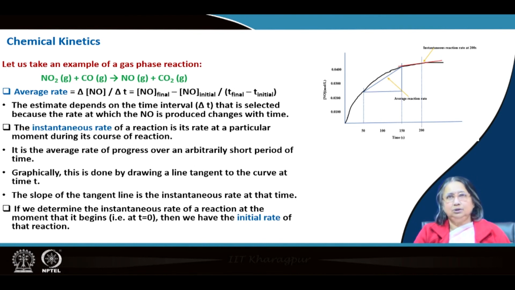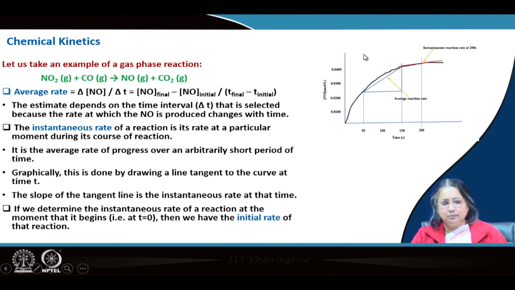So, the slope will give you the average rate or average speed. But then to determine the instantaneous rate, say for example, at this point at 200 seconds, you want to know the instantaneous rate or instantaneous speed, then what you will do? You have to draw a tangent at this point, and then you may extrapolate it, say for example up to 150 and then here up to say 250.